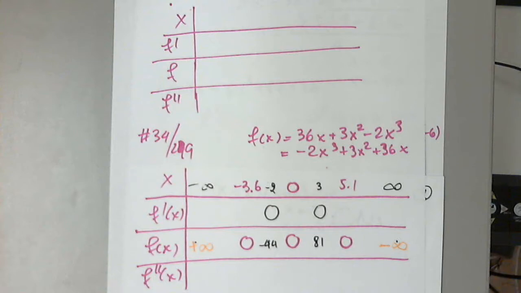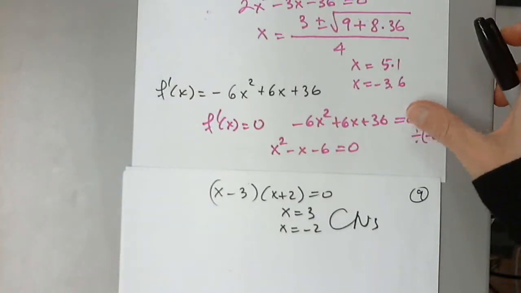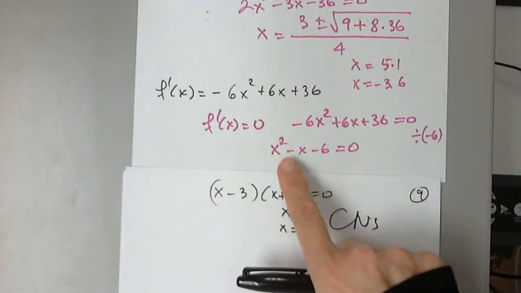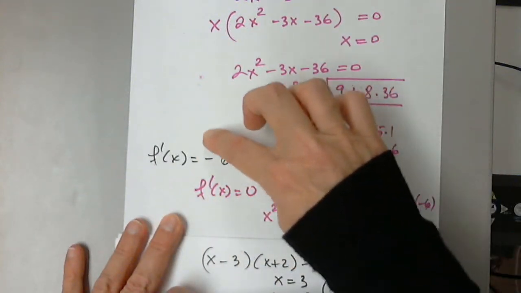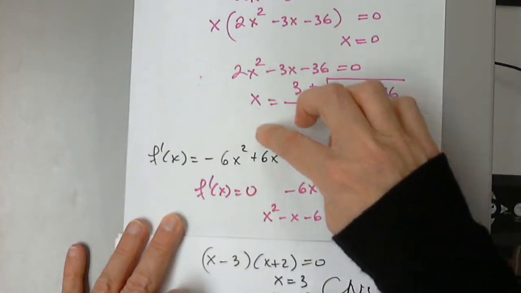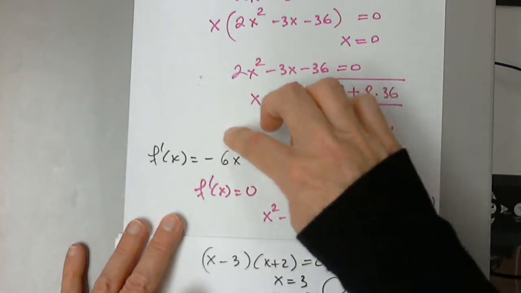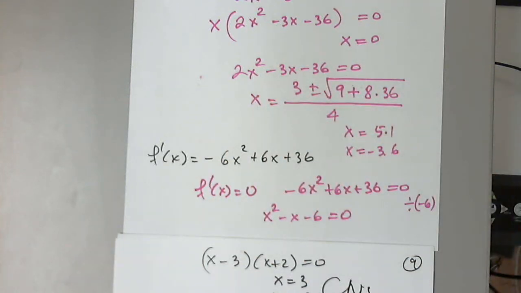Let's look at the first derivative one more time. This is the first derivative. It's 0 at negative 2 and 3.